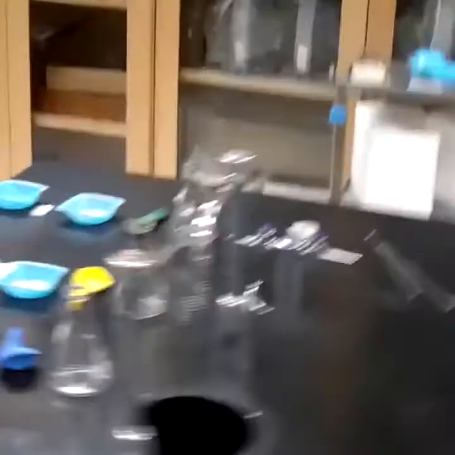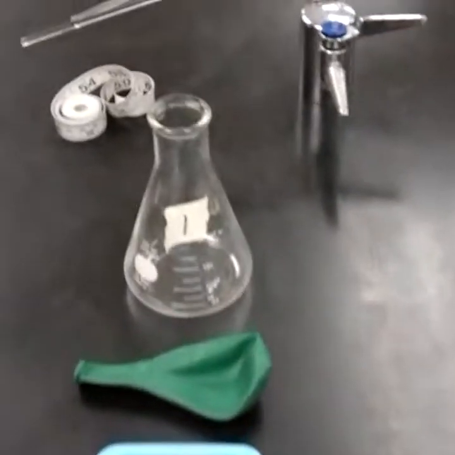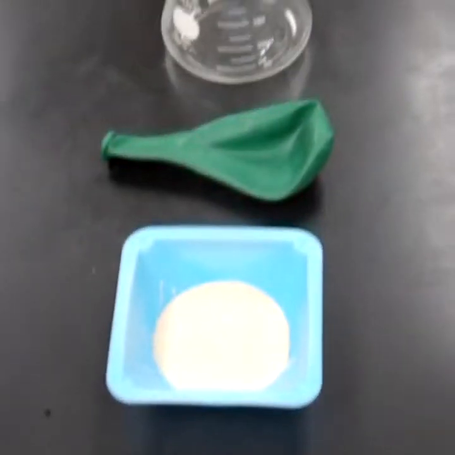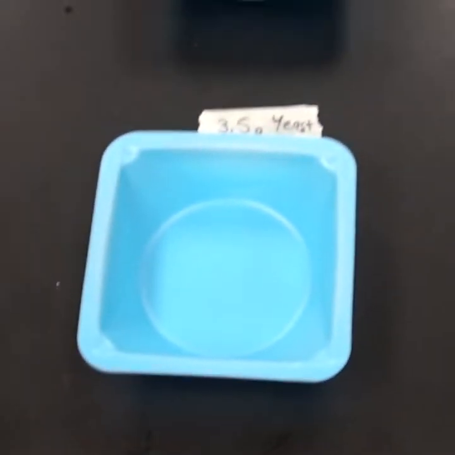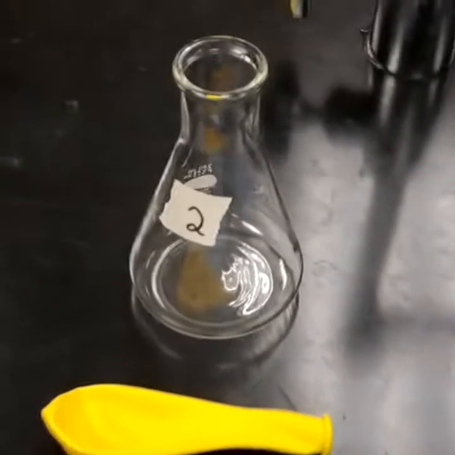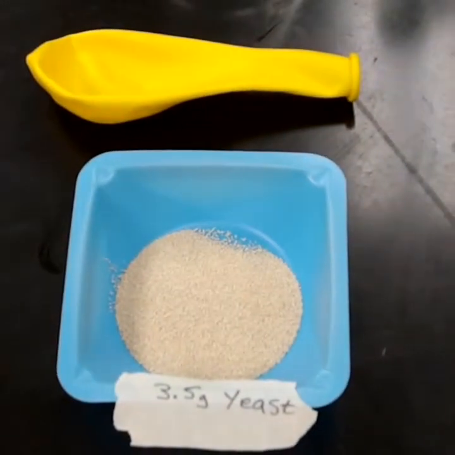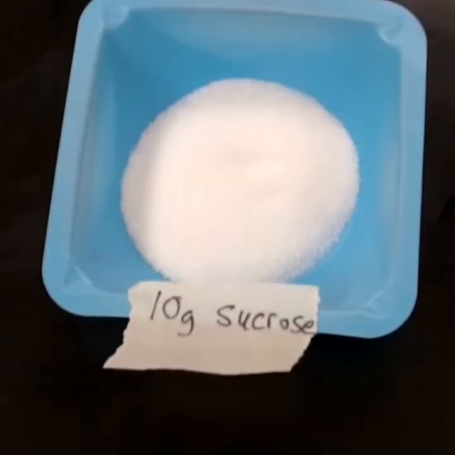And I'll just show you real quick what we've got set up here. This is what will go into the flasks. So this is flask number 1. It's labeled. It'll have 3.5 grams of yeast and no sugar, no sucrose. Flask number 2. Again, all the same amount of yeast, 3.5 grams. This one will have 10 grams of sucrose, sugar.